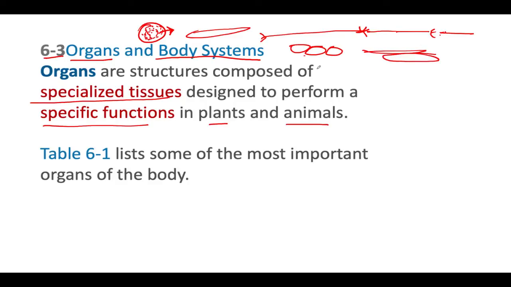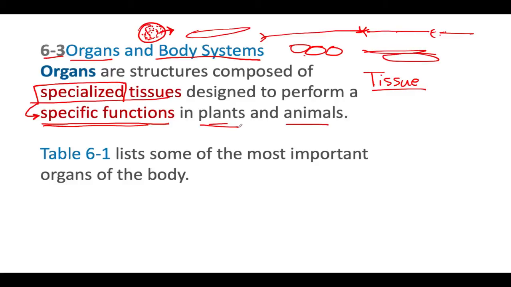However they connect, what they produce is a particular type of tissue, and that tissue is specialized. Why is it specialized? It's specialized in that it has a specific function.